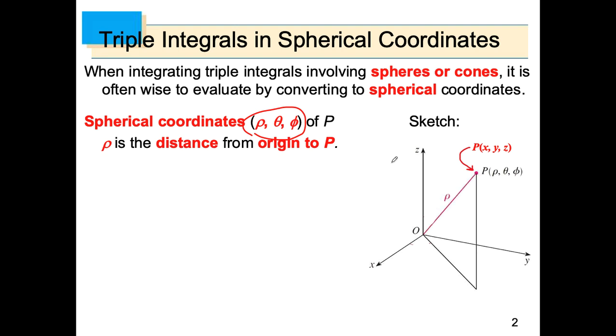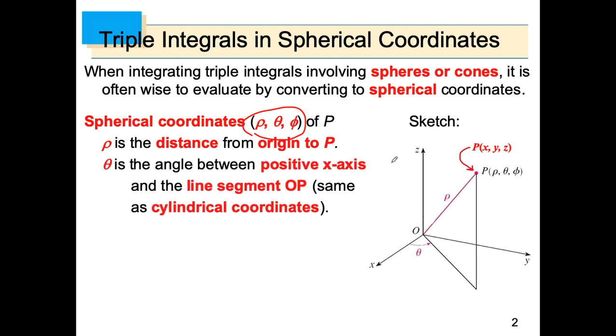Next up would be theta. And actually theta is the same as the theta you find in cylindrical coordinates. Theta is essentially the angle on the floor where z equals 0 that forms an angle with the positive x-axis and also with the line that is being projected down from the point itself.